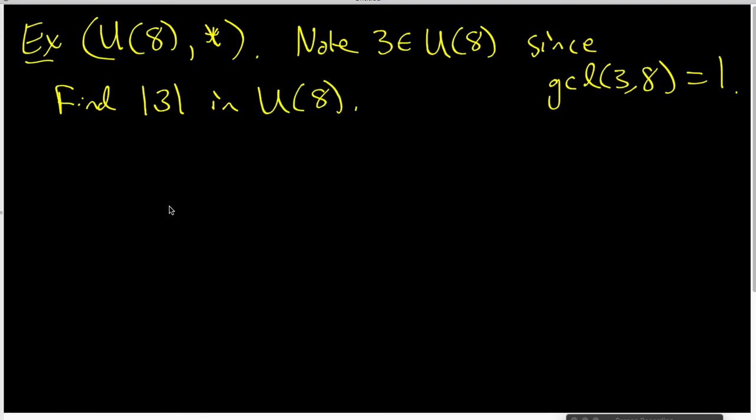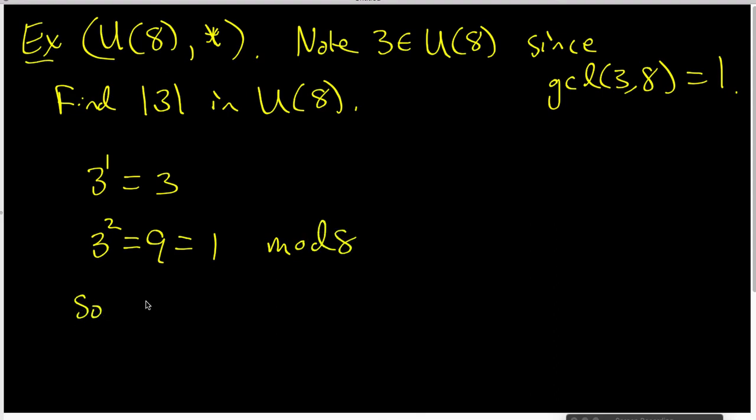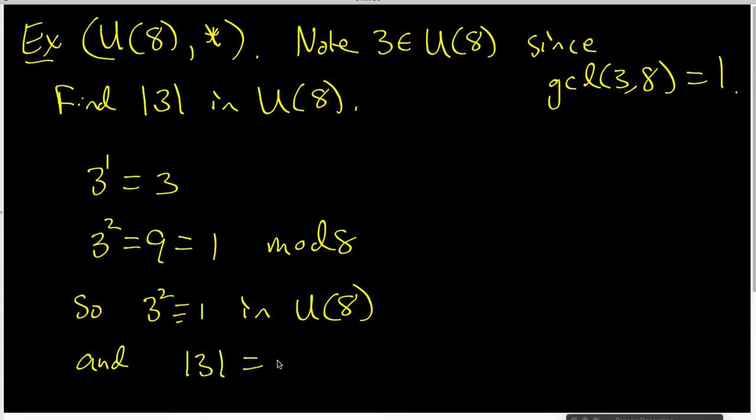Well, the easiest way of finding the order for a specific element is literally to just pile up its powers since we are in a multiplicative group. So I'll look at 3 to the 1. That's just 3. I look at 3 squared. That is 9, which is congruent to 1 mod 8. So 3 squared is the same thing as 1 inside my particular group, and that means that the order of 3 is equal to 2 inside the group of units mod 8.